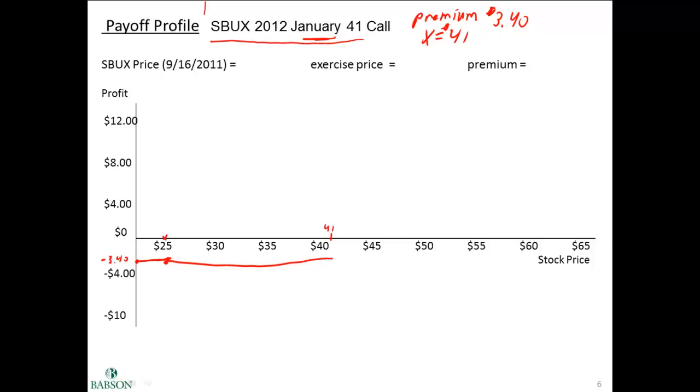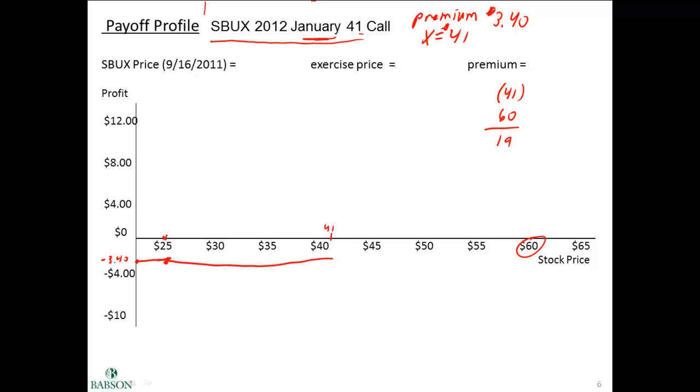But what if you wake up in January and Starbucks is selling for $60? Remember, you have the right to buy it from whoever sold it to you for $41. So how much money will you make on that transaction? Well, you wake up and you exercise your right to buy it for $41, so that's going to set you back $41. And then you're going to turn around and sell it at the market price of $60, and you're going to pocket $19.